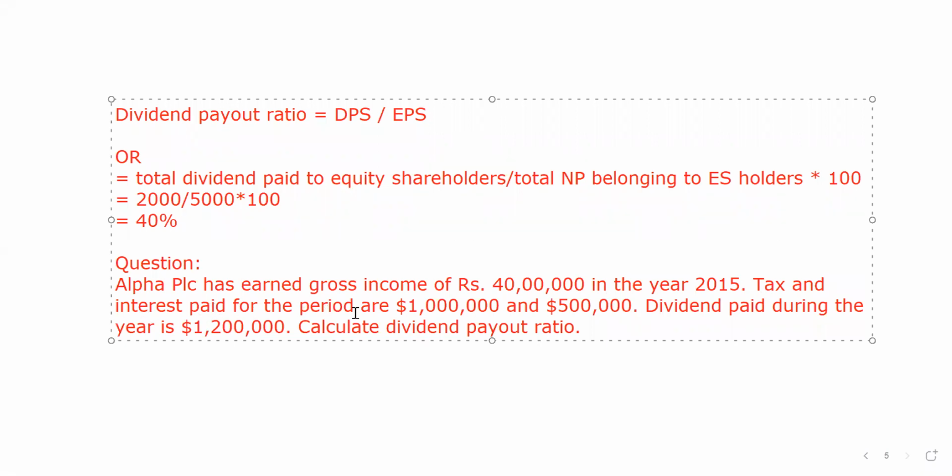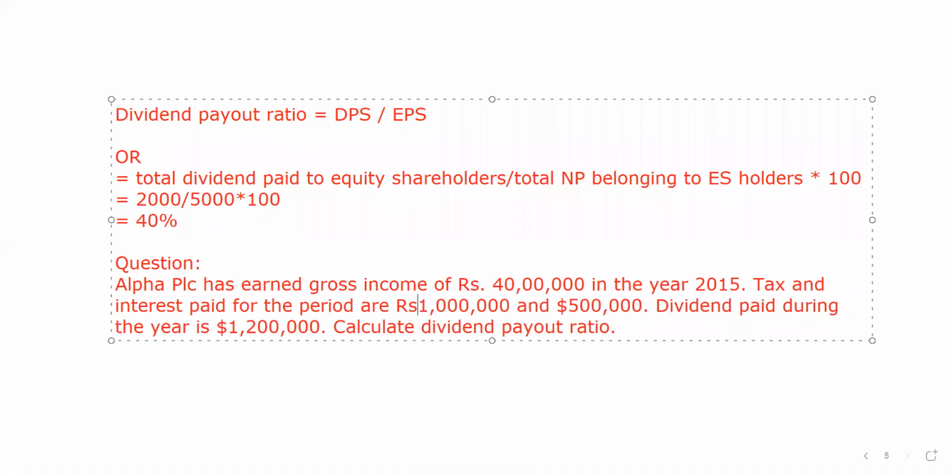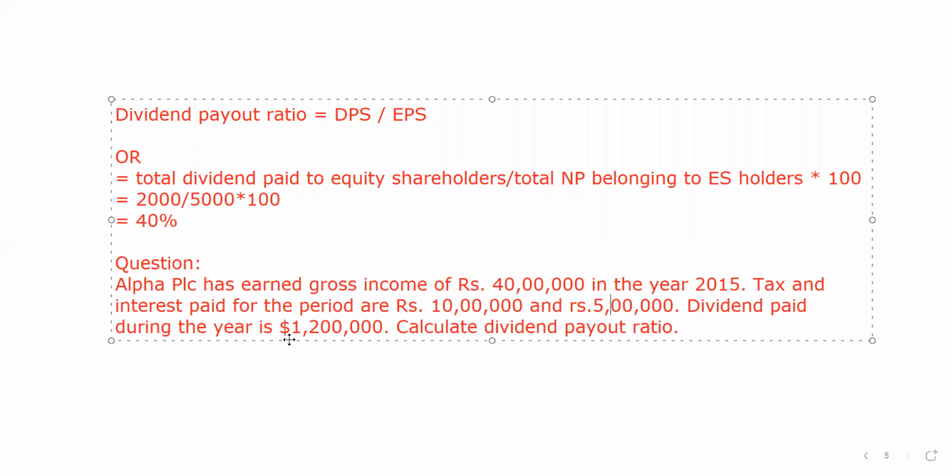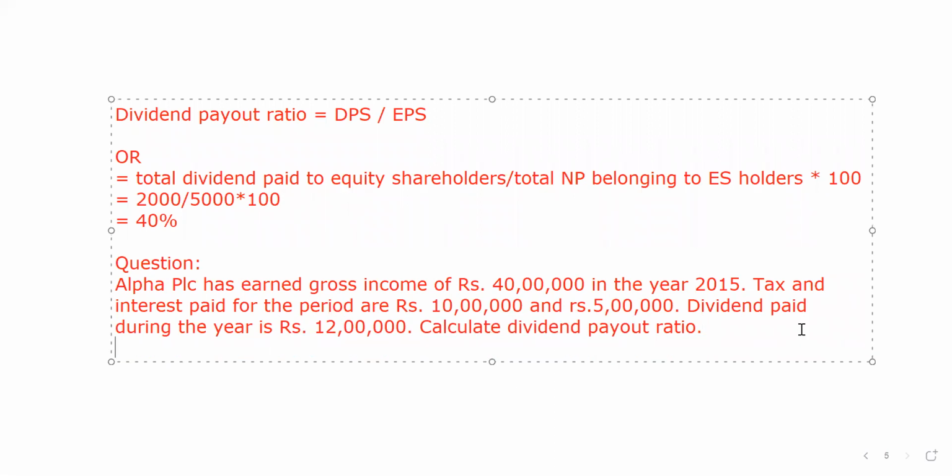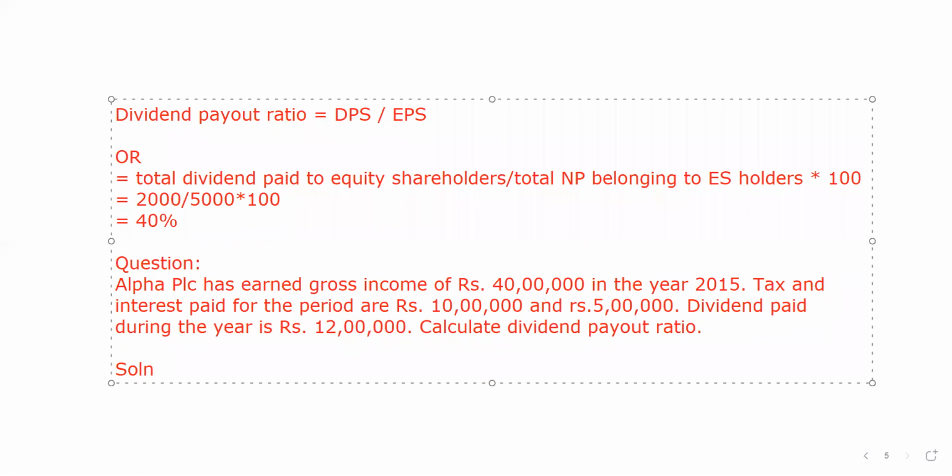Tax and interest paid for the period are rupees 10 lakh and 5 lakh. Dividend paid during the year is rupees 12 lakh. Calculate dividend payout ratio.